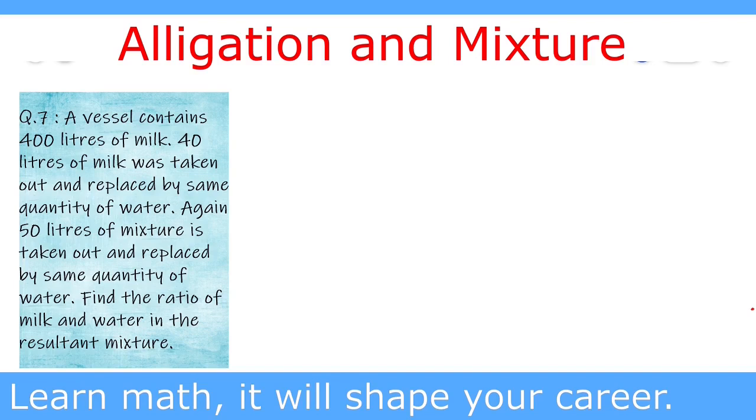We are going to use the same formula which we used, and that was the final quantity of milk equal to initial quantity into 1 minus R1 upon total quantity, where R1 is what we withdrew the first time, into again 1 minus R2 upon total quantity, where R2 is the 50 liters we withdrew the second time.